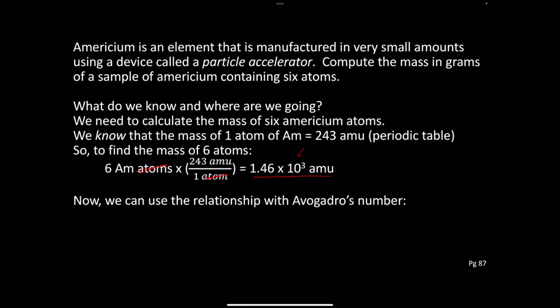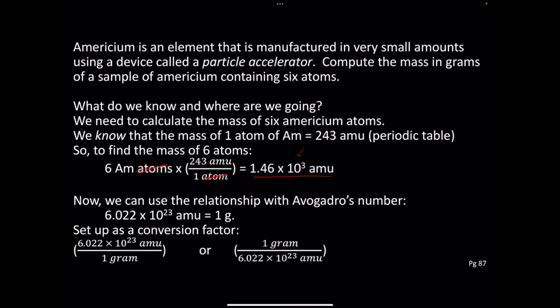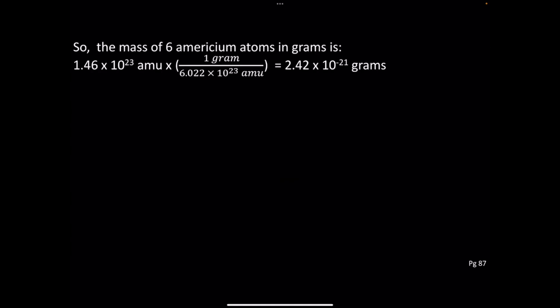But we can use the relationship with Avogadro's number to go from atomic mass units to grams, because we want to know the mass in grams. So we use one more unit conversion in a way that cancels off these atomic mass units, and those are canceled off, and we have the mass of 6 americium atoms in grams.